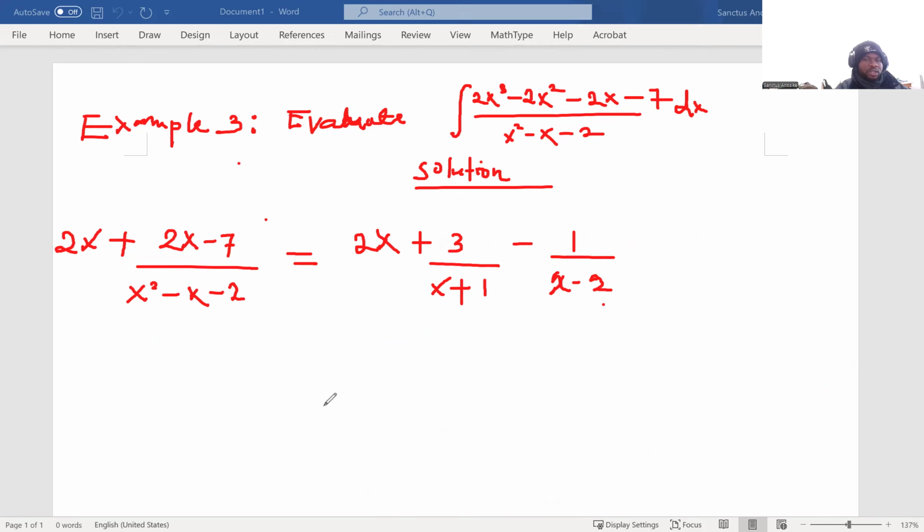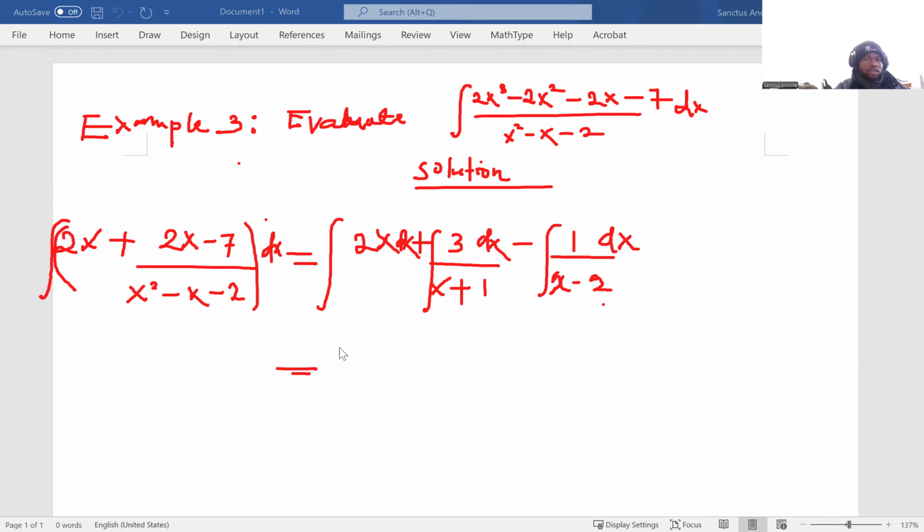So we can now integrate both sides. We introduce our integral. Integrate both sides with respect to x.